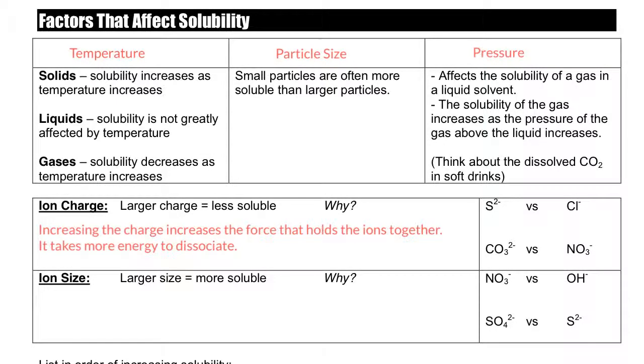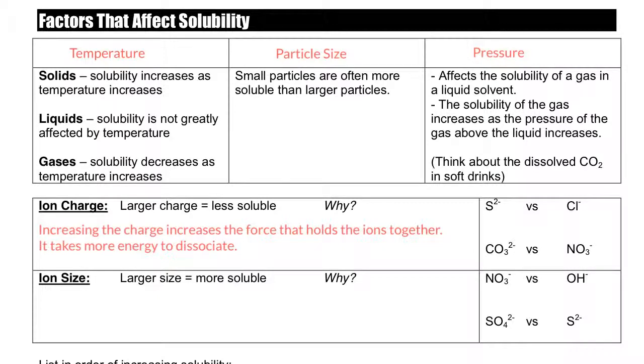So when we're talking about the charge, as you increase the charge on the ion, that just means there's a stronger force that holds those ions together. Because the force is stronger, it takes more energy to dissociate the ions, meaning it's less soluble.